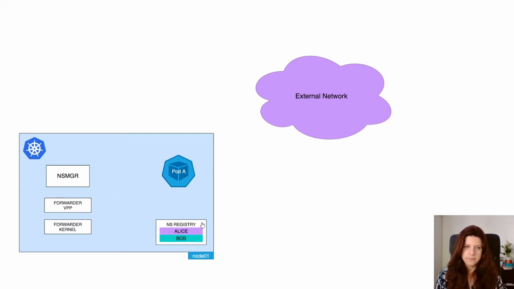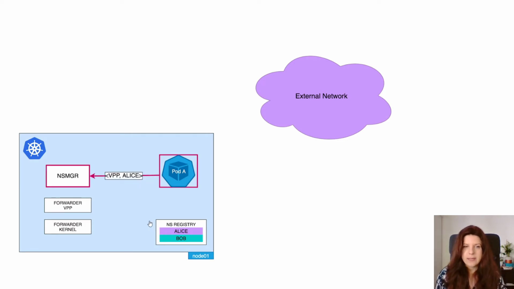So this part. And it will provide Network Service Manager and forwarder modules. And Network Service Manager maintains a list of available forwarders and network services. It's called Network Service Registry. And in this example, we have two forwarders here and two networks already registered.